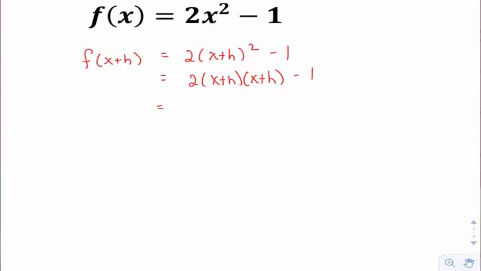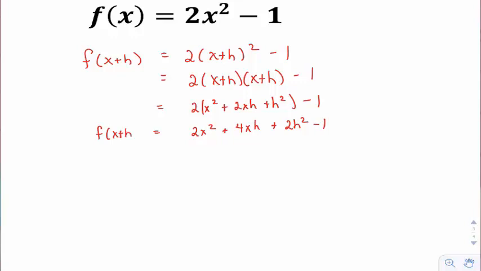So this becomes 2, and then in parentheses we have x squared plus 2xh plus h squared, minus 1, which is 2x squared plus 4xh plus 2h squared minus 1. This is the simplified version of f of x plus h.